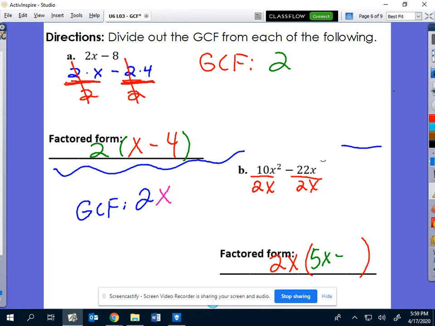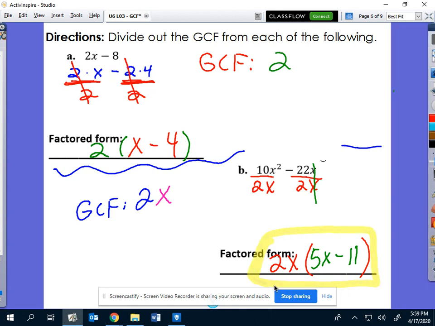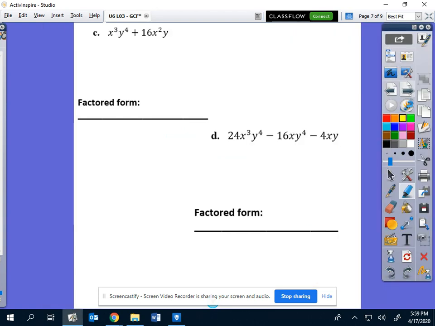Negative 22 divided by 2 gives me negative 11. And the x's cancel each other out. That's our final answer right there: 2x times (5x minus 11). The entire thing is the answer. It's really important that you understand that it's not just the green part or the red part, it's the entire thing together. So I really just want us to practice identifying the GCFs and dividing them out.